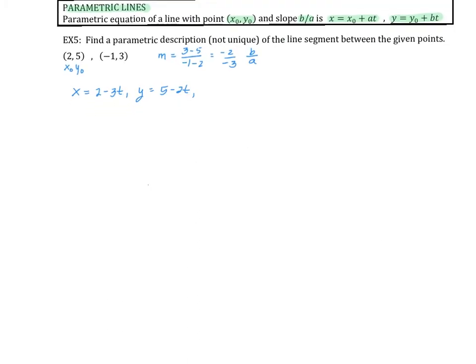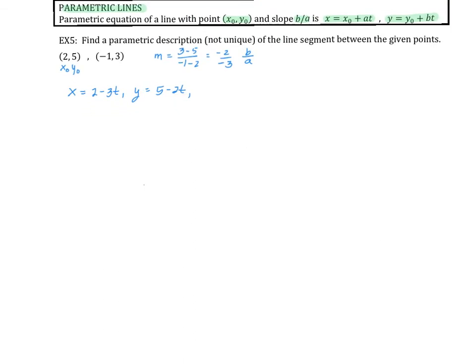Well, notice when t is equal to 0, I'm at the point 2, 5. What t value gives me the point negative 1, 3? If t is equal to 1, then 2 minus 3 is my negative 1. And the y value, 5 minus 2, is positive 3. So that would be one representation.